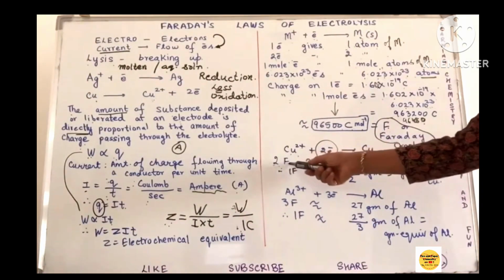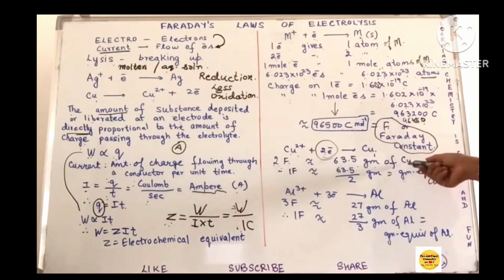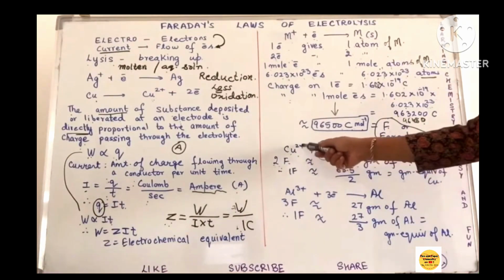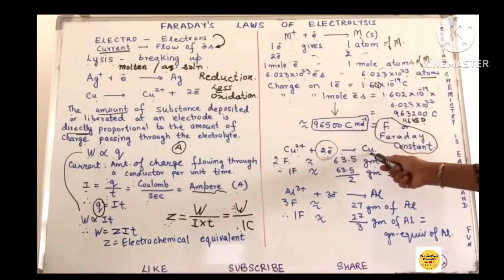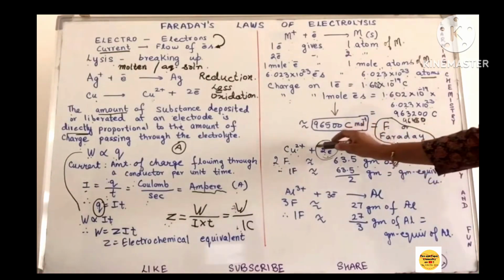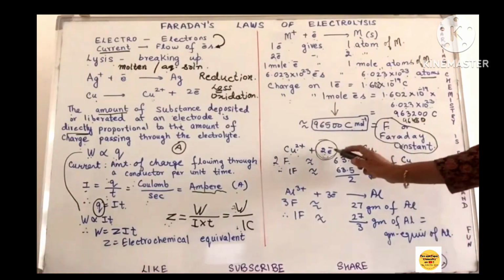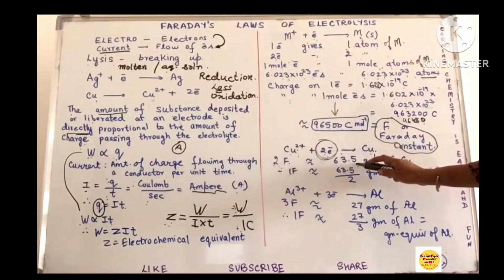So 2 Faradays will give you 63.5 grams of copper. Just see from the equation. Cu2 positive, it has 2 positive charge, plus 2 electrons gives you copper. Now you just have to see the equation. Whatever is the charge, the number of electrons is going to give you the number of Faradays. So 2 Faradays are giving you an atomic mass of copper, that is 63.5 grams of copper.